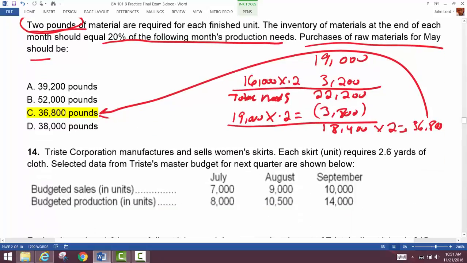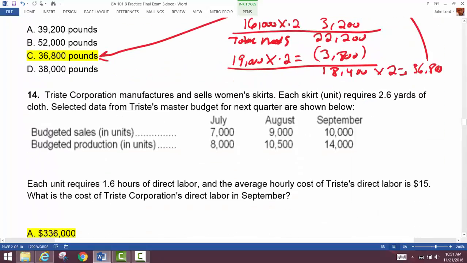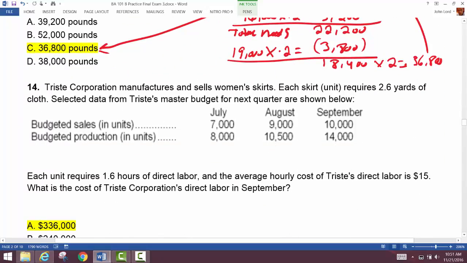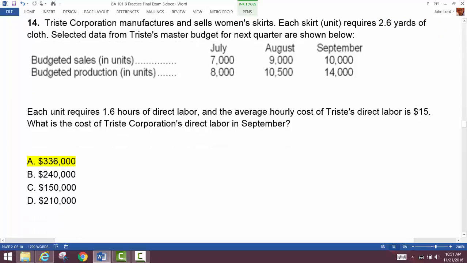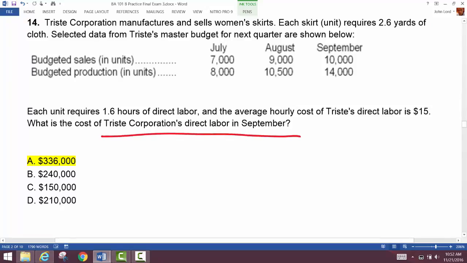Okay, good. Let's take a look at this Trist company, and we're trying to figure out our direct labor budget. Okay, and they tell me that they're supposed to produce, what month are they asking me for?